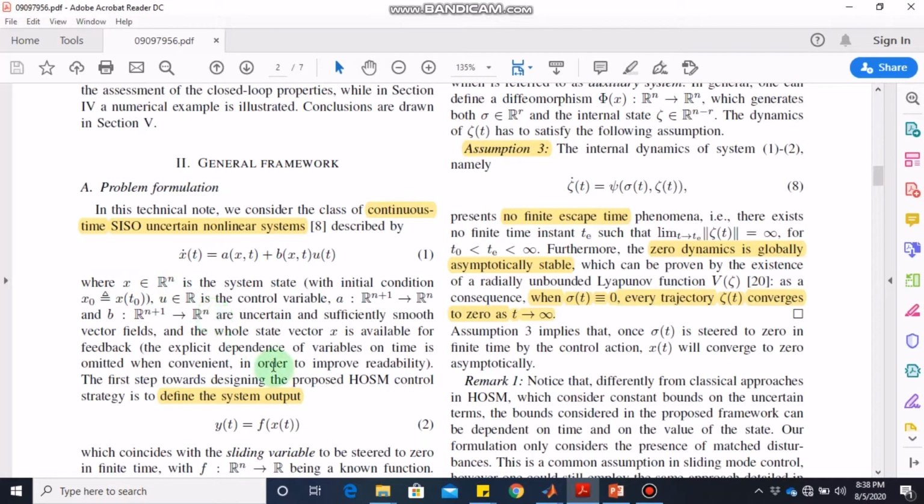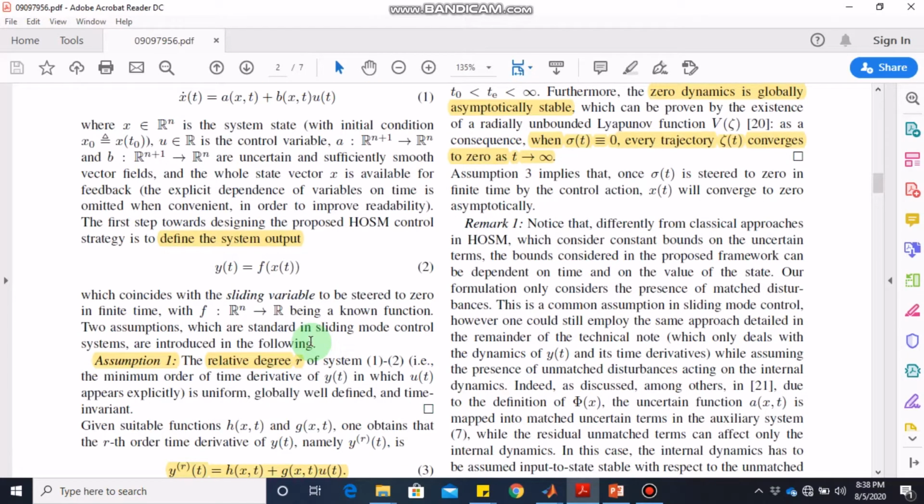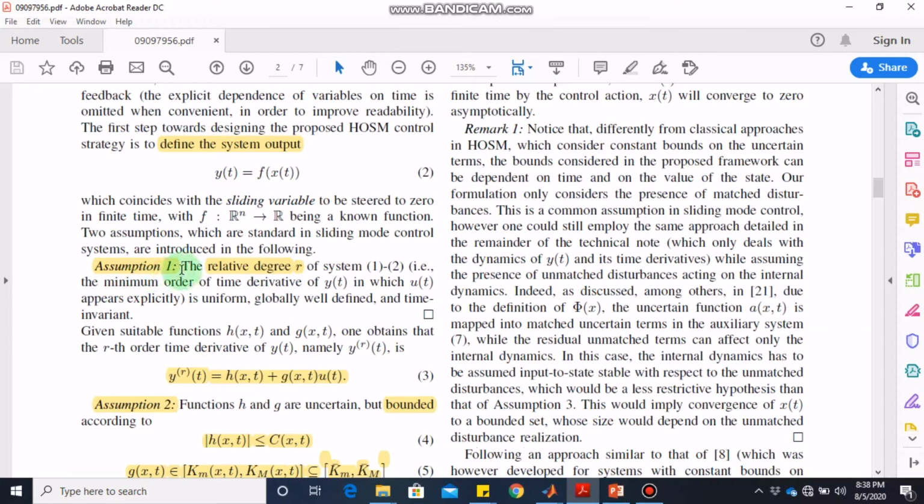In order to apply the sliding mode control, first you have to define your output function. The output can be any nonlinear function of the state variables, and then there are certain assumptions for this paper. First of all, assumption number 1 is that the output must have relative degree r. r can be 1, 2, 3 or any number. Output having relative degree r means that in the rth derivative of the output, the control input must appear.